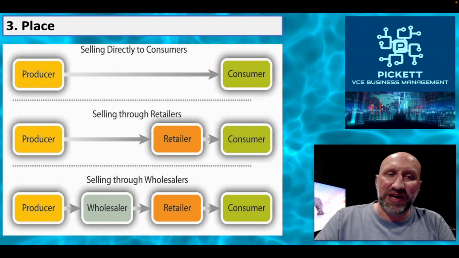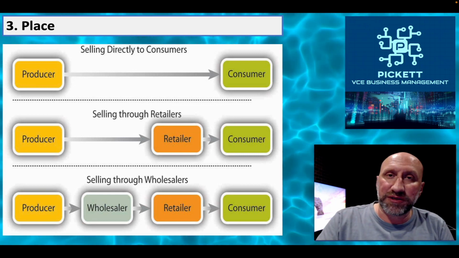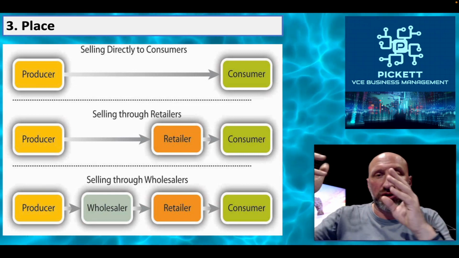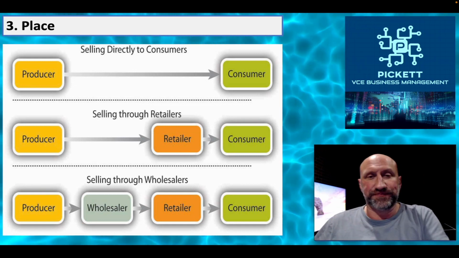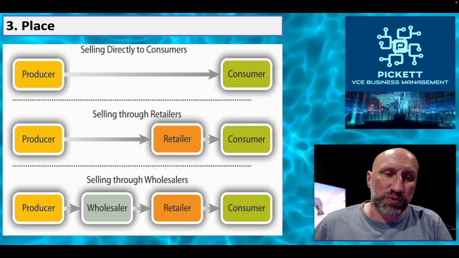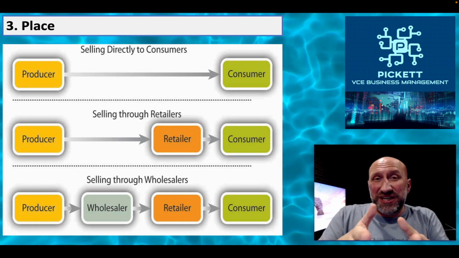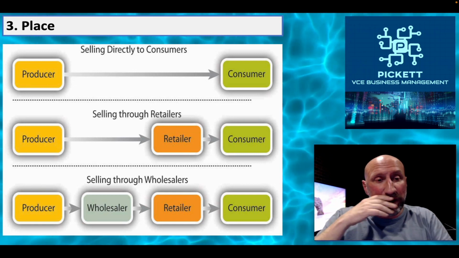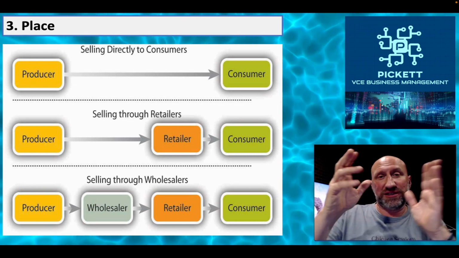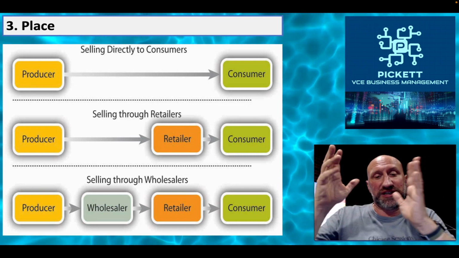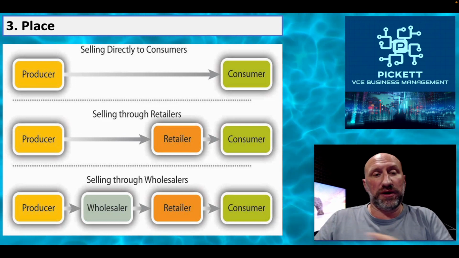Second one, selling through retailers. So you're producing your product, you then sell to the retailers, who then on-sell to the customers. And then the most complex one, which involves two stages in between the producer and the consumer, is when the producer sells to the wholesaler, who sells to the retailer, and then the retailer sells to the consumer.